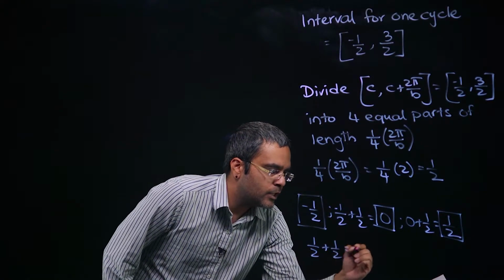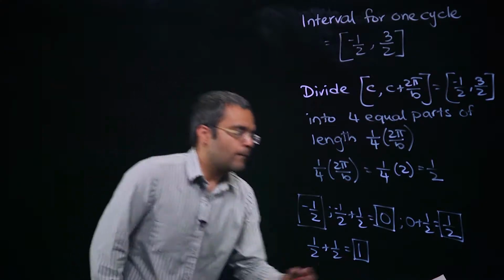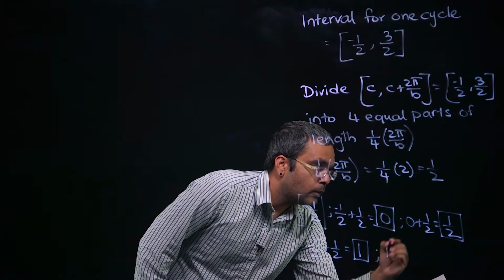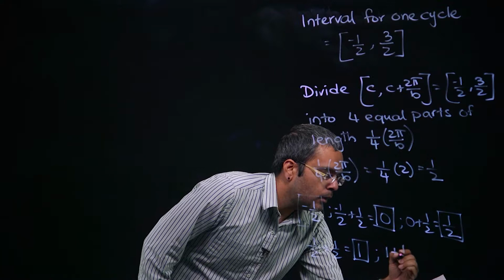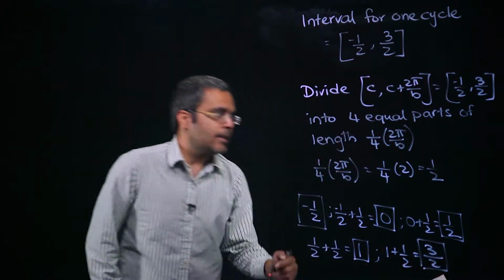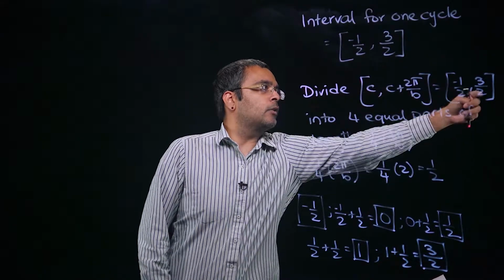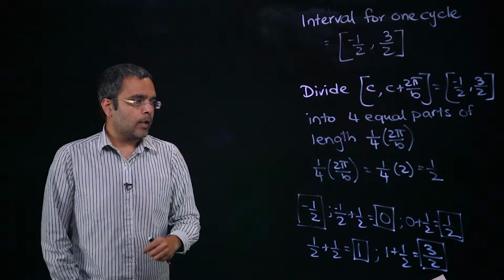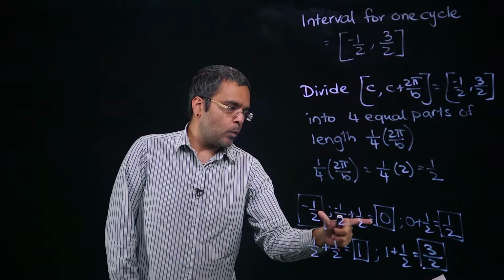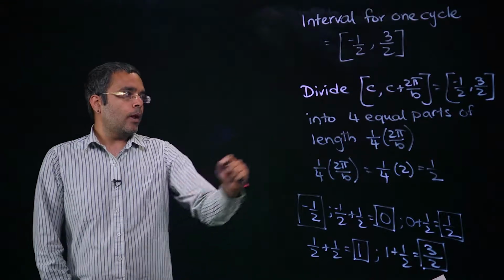Add another half, which gives me 1. And finally, I add this half again to the 1, which gives me 3/2. So basically, keep adding this half to -1/2 until you get to 3/2. So I have 4 parts, each of length 1/2.